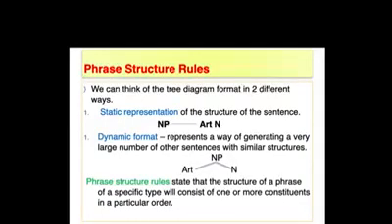This is another way to represent syntactic structures visually. Now, what do we mean by phrase structure rules? Phrase structure rules state that the structure of a phrase of a specific type will consist of one or more constituents in a particular order. And we're going to have more details on this.